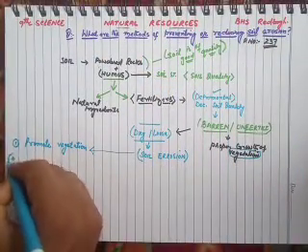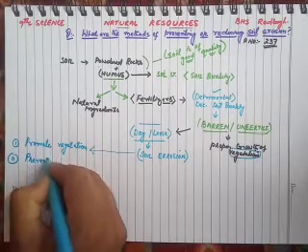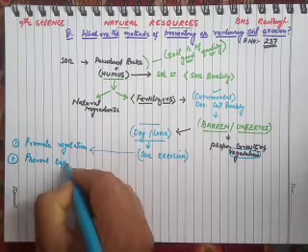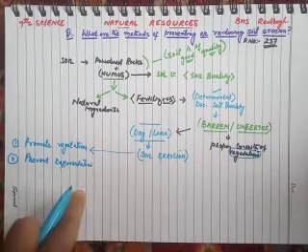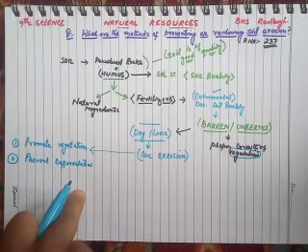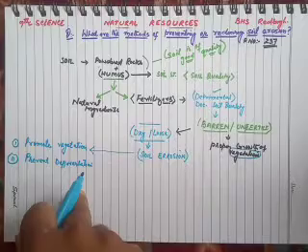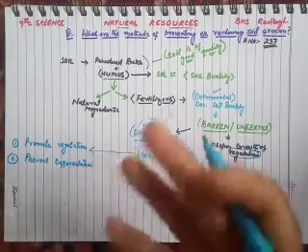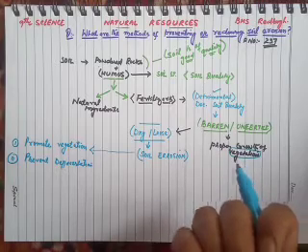The second point is that we must prevent deforestation. Dear students, trees are being cut down at a faster rate, due to which the soil that was once held by the roots of these trees is now exposed.